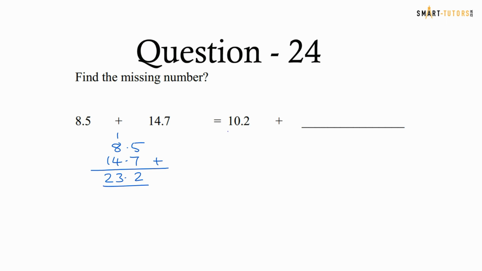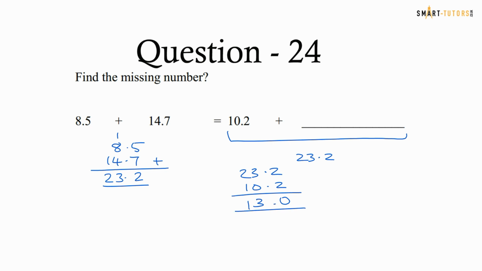So 23.2 has to be on this side as well. So to get the blank, 23.2 take away 10.2. So 0, 3, and 1. So the answer is 13.0 or 13. You can put 13.0 or 13. So that is the answer for question number 24.